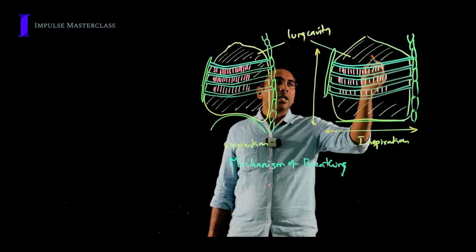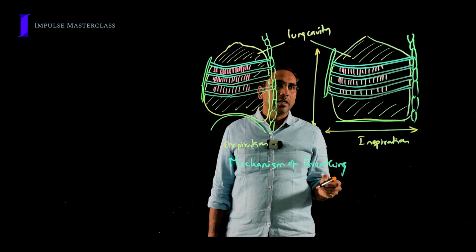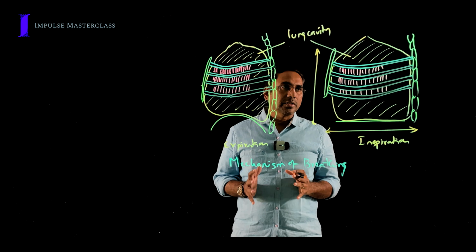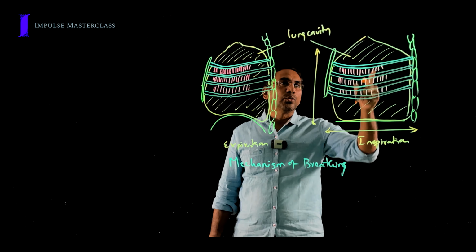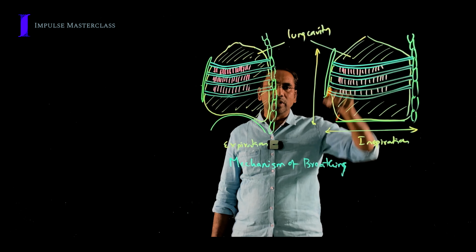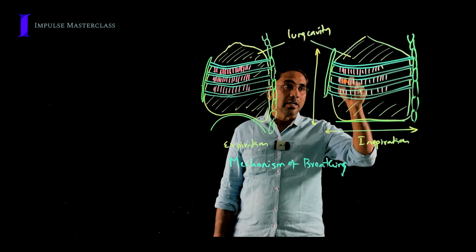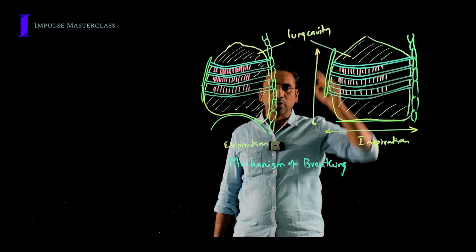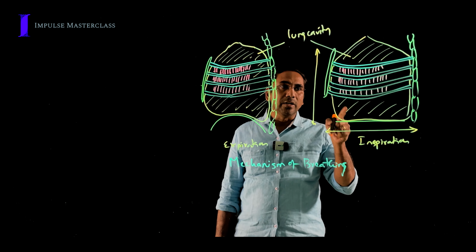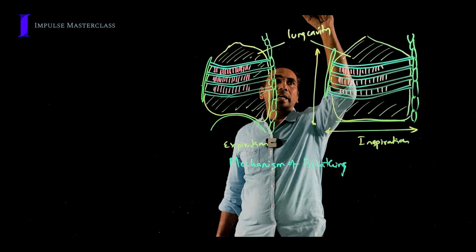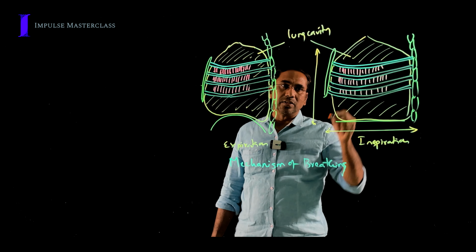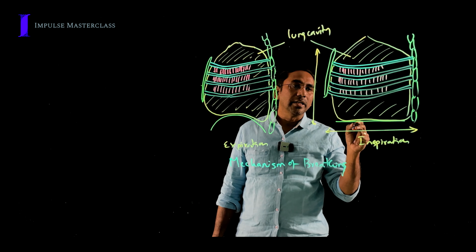So here overall thoracic cavity increases and the space increases, and this can pull the lungs away. So the lung cavity increases. That creates negative pressure when compared to atmosphere. This is called negative intrapulmonary pressure. And this helps in drawing the air from atmosphere to lungs. This is nothing but inspiration.